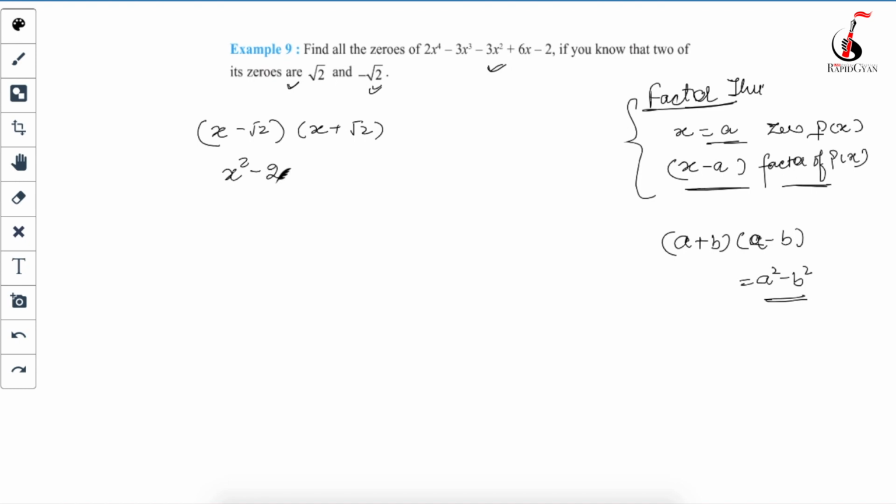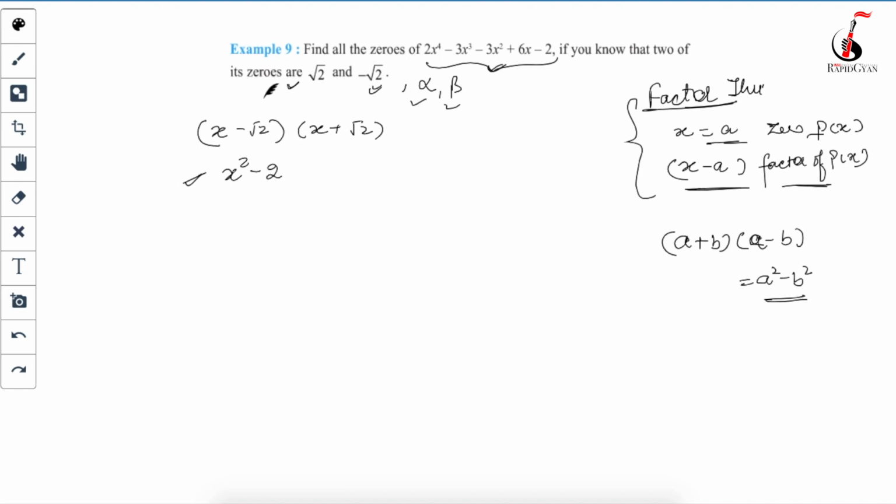So now you will have to divide this polynomial with these two factors. Why am I saying you will have to divide this? See, of course this polynomial will have 4 zeros, correct? Out of that, 2 zeros are these, and the other zeros I am saying are alpha and beta.